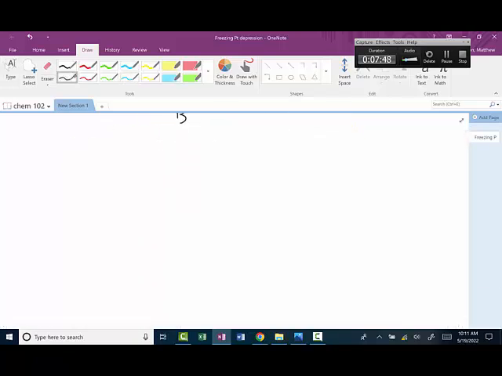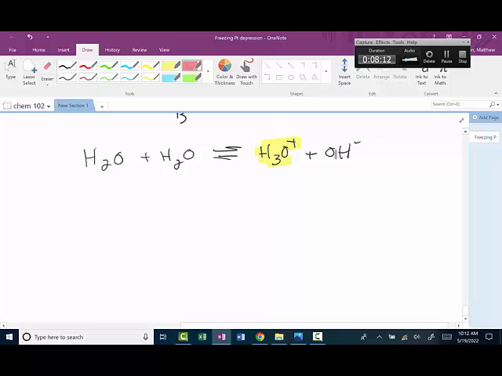Now one more thing, H2O plus H2O reacts to form H3O plus and OH minus. In this one, I don't know which one goes with which. I know that this is the acid over here, H3O plus, because it becomes water, and this is the base because it accepts a proton from the H3O plus.